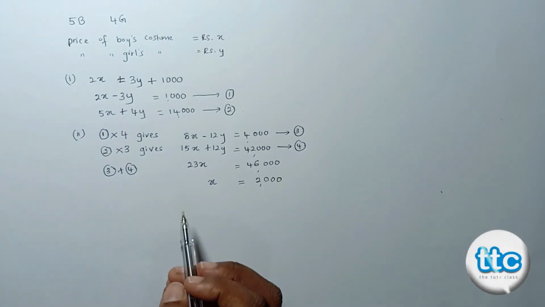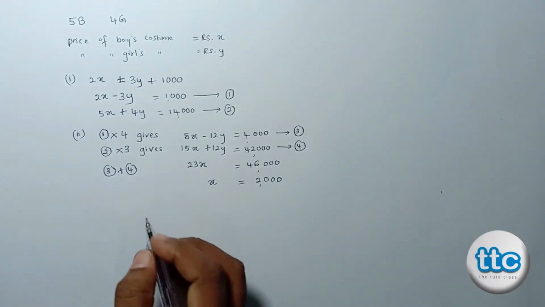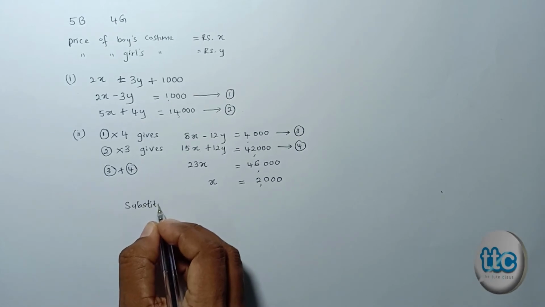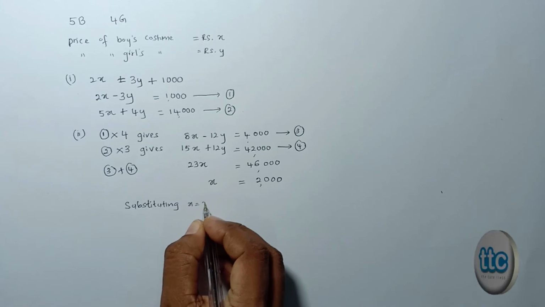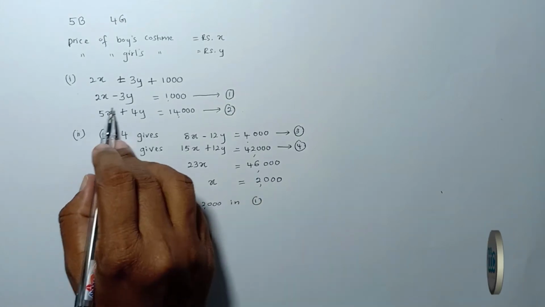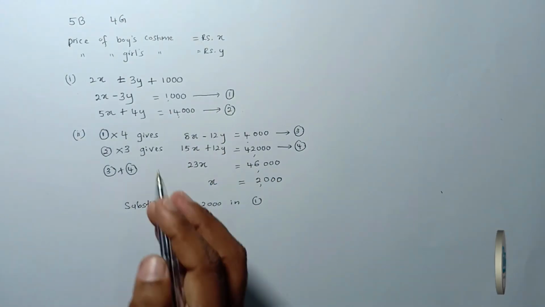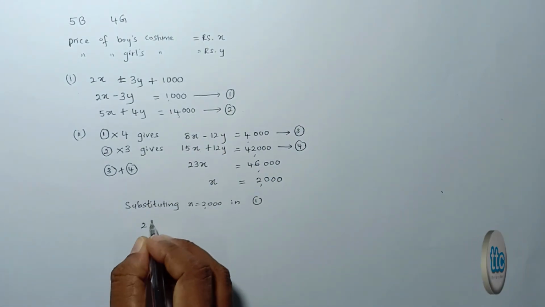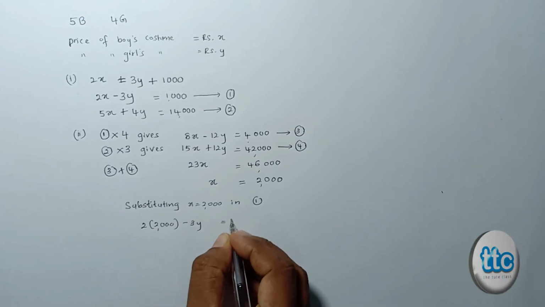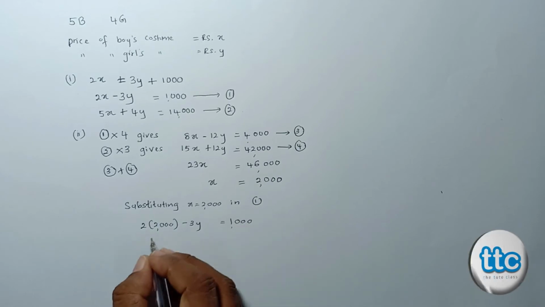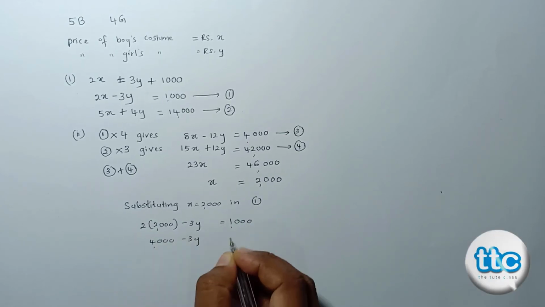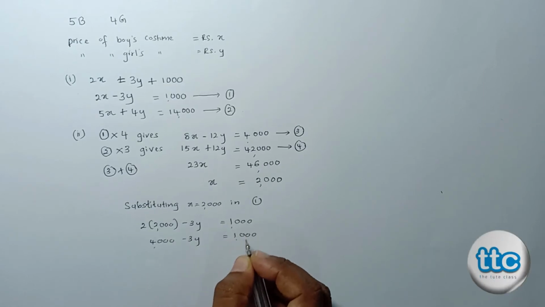To find y, you can substitute into any equation here. I will substitute x equals 2000 into equation 1. Then 2x, 2 into 2000, minus 3y equals 1000. 2 into 2000 is 4000, minus 3y equals 1000.